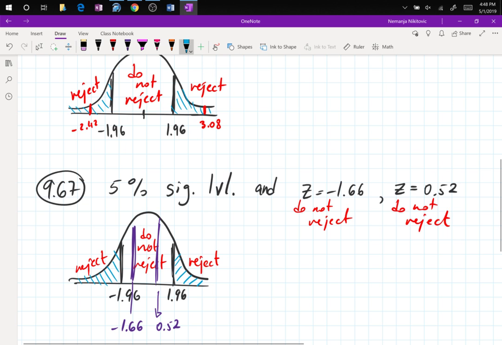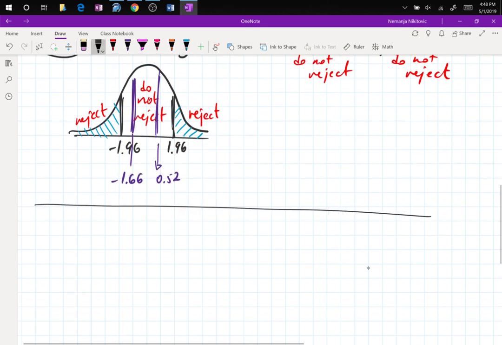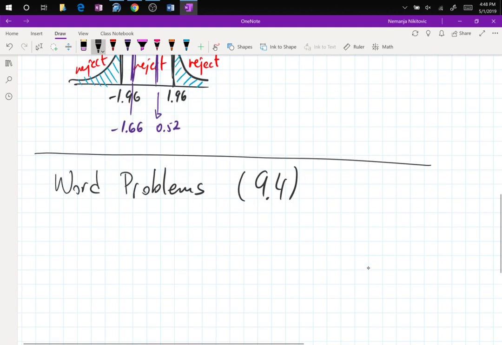It either falls in the rejection region or it falls into the do not reject region. And I finally found the word problems in 9.4. So I'm not restarting this, I'm just going to say, okay, word problems. Finally. And they are in 9.4.